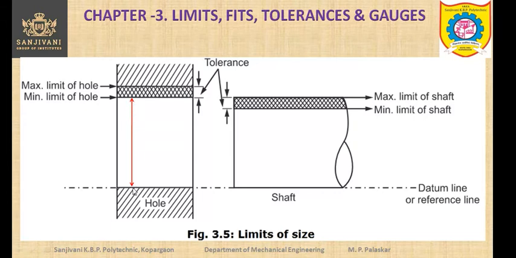So these arrows represent the minimum limit, the lower limit for the hole. This represents the higher limit for the hole. Again, this represents the lower limit for the shaft, and the higher limit for the shaft is represented by these particular arrows.